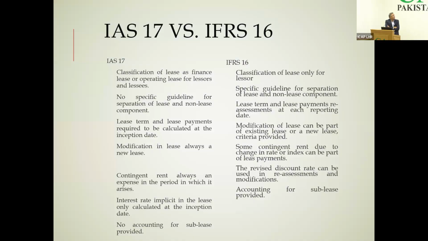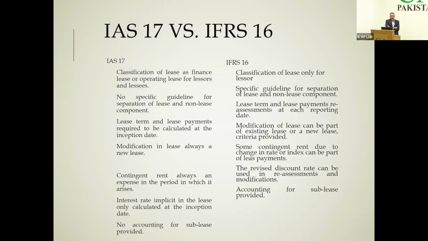What are the main differences which have changed from the previous IAS 17, and what is IFRS 16 now requiring? First of all, IAS 17 was requiring classification of lease both by the lessee and by the lessor. But now IFRS 16 only requires classification of lease from the lessor's point of view and not from the lessee's point of view.